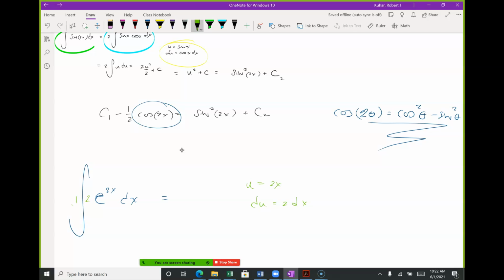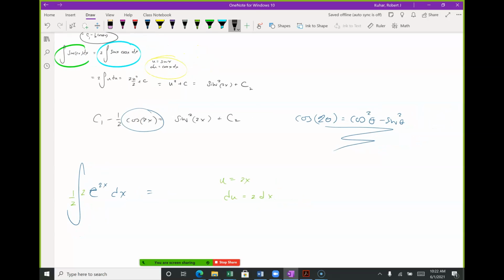I multiply by 2 and divide by 2. Multiply by 2, multiply by 1 half. Is everybody okay there? This is that level 3 trick. Multiply by 1. So I got 1/2 of the integral of e to the u du.